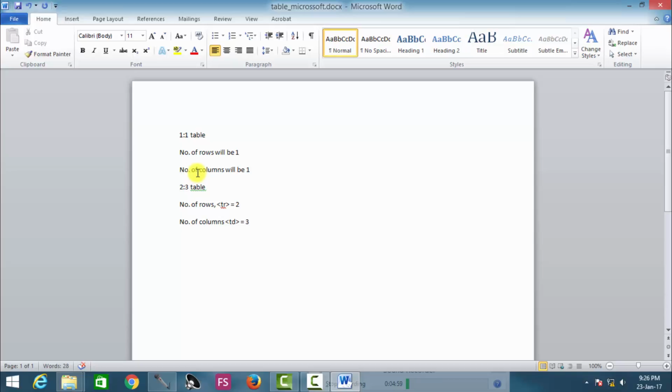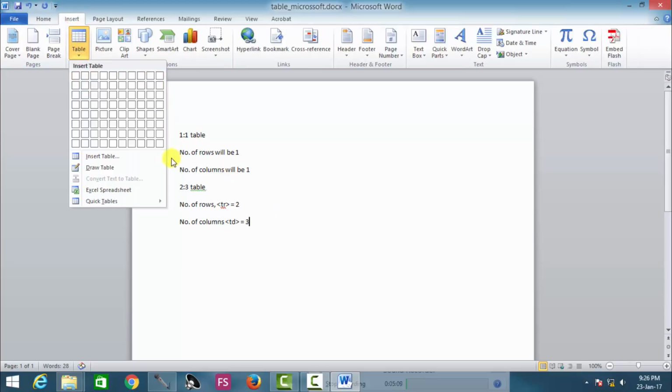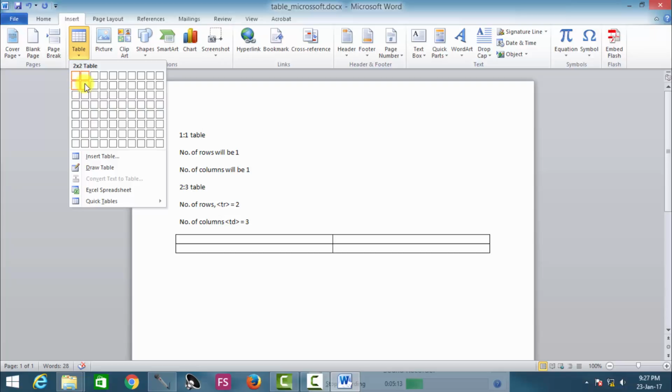3. So that means in this particular table, if we try to draw this table in Microsoft Word, then we will be seeing that a 2:3 table means there will be 2 rows and 3 columns.